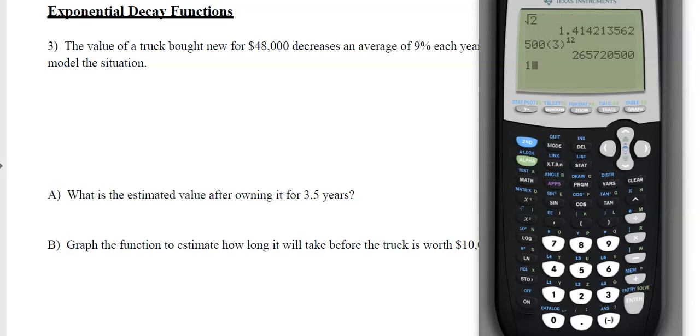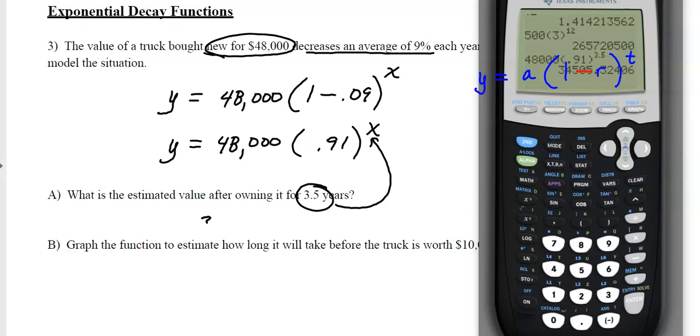We had $48,000 times 0.91 raised to the 3.5 years. So it looks like 35,505.32. So $35,505, and if we wanted to get right down to the pennies, that would be the value after 3.5 years.